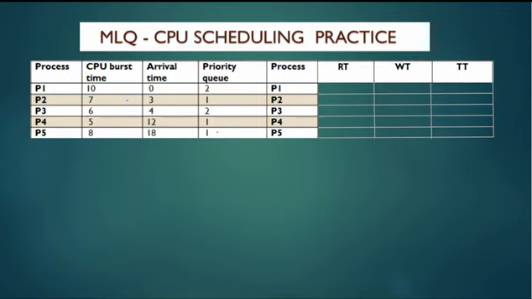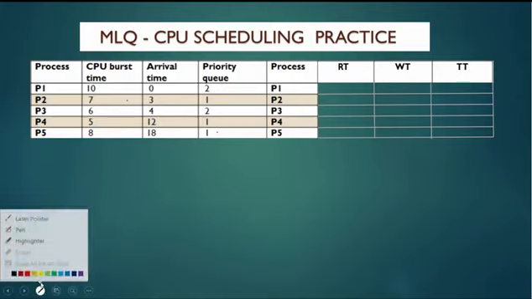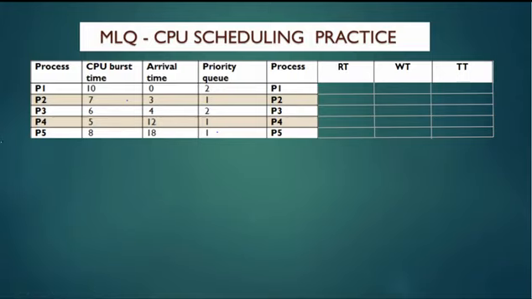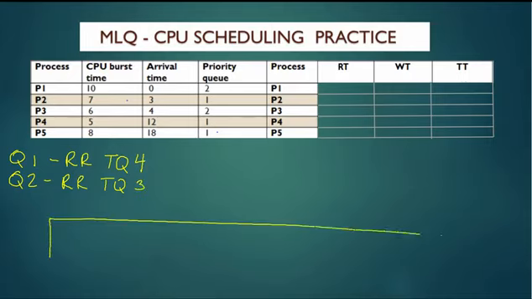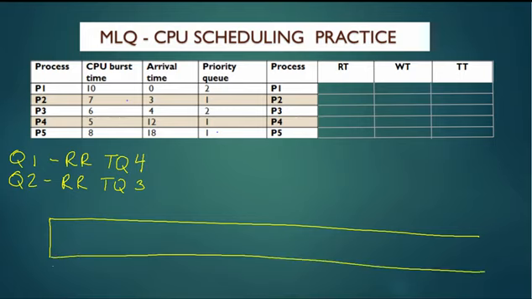Just to remember that Q1 is round robin with a time quantum of 4, and Q2 is round robin with a time quantum of 3. So I'm going to go down here, draw my Gantt chart, and we'll get started at time 0.